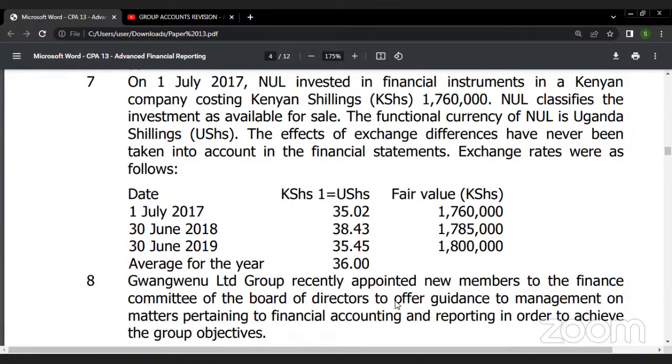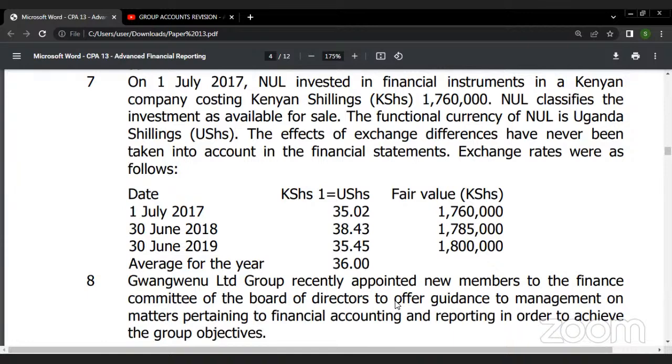The functional currency of NUL is Uganda shillings. The effects of the exchange differences have never been taken into account in the financial statements. Exchange rates were as follows.